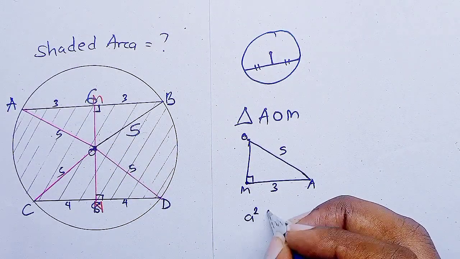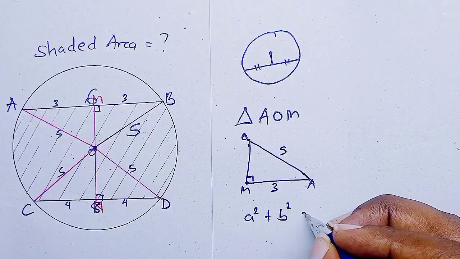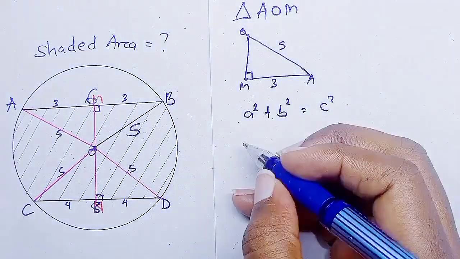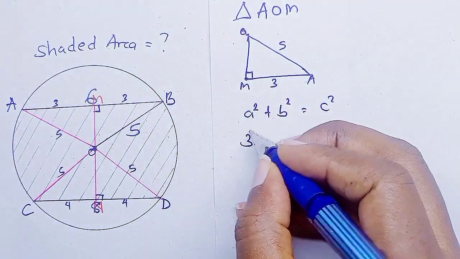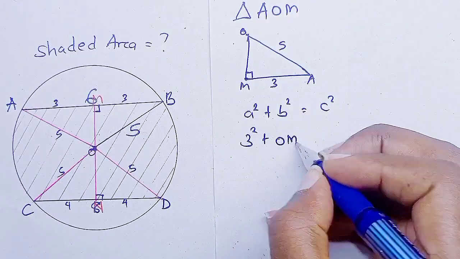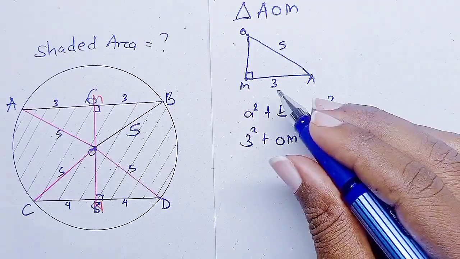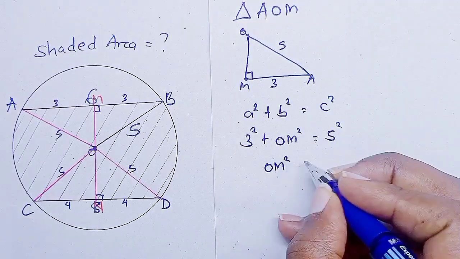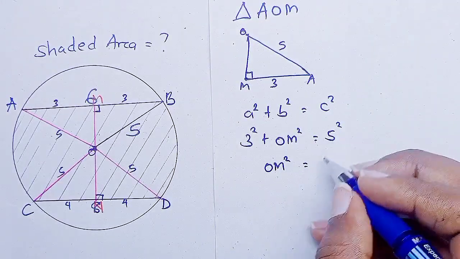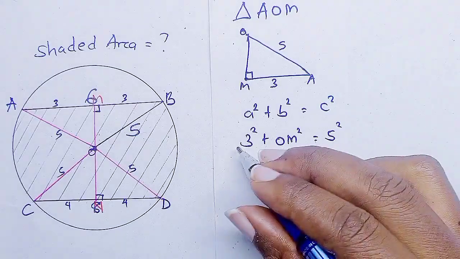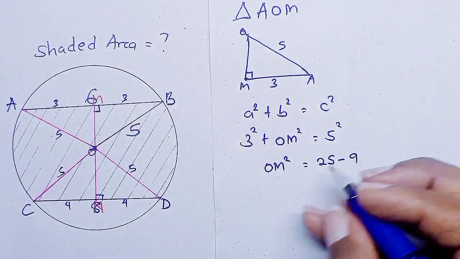So a squared plus b squared is equal to c squared. So our a is 3 squared plus b, which is OM squared, is equal to c squared, which is 5 squared. Therefore, OM squared would be equal to 5 squared minus 3 squared. 5 squared is 25 minus 3 squared, which is 9.